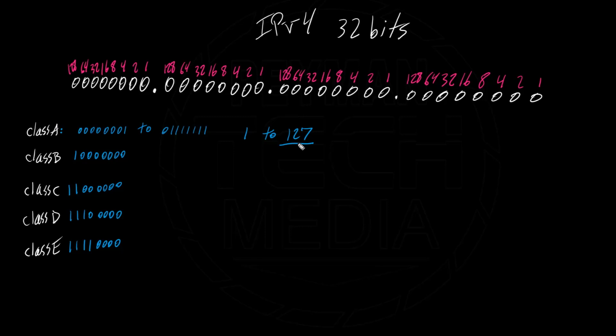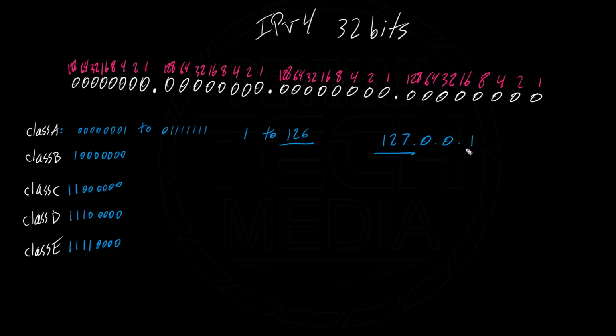So for example, when you see the IP address 127.0.0.1, that's an example of a loopback address. This first octet, 127, is reserved for the loopback address. Therefore, when we talk about classes, most likely you will see for class A the range goes from 1 to 126 in the first octet, because 127 is reserved for the loopback address.